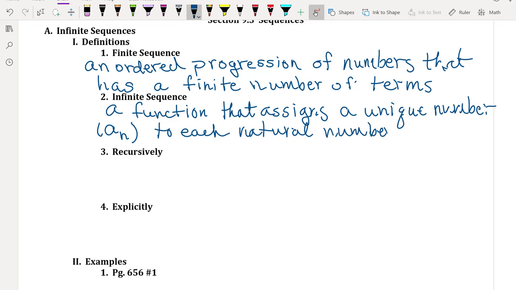Now, when we say natural number, we're talking about our counting numbers.